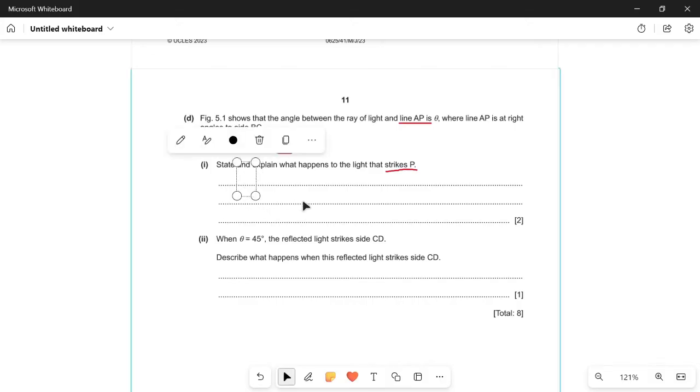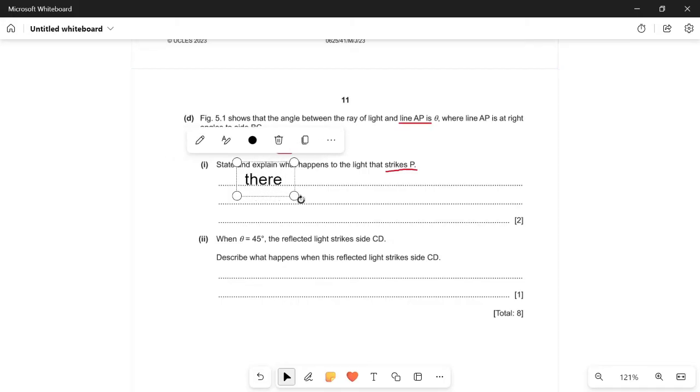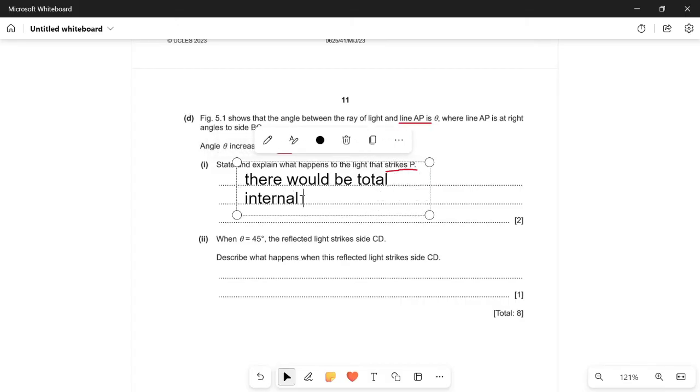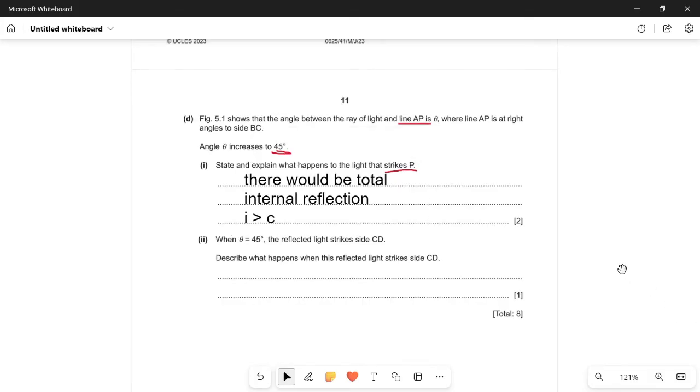So the explanation could be, if the incident ray surpasses the critical angle, there would be total internal reflection. That is because the angle of incidence, I, was greater than the critical angle. That's our answer.